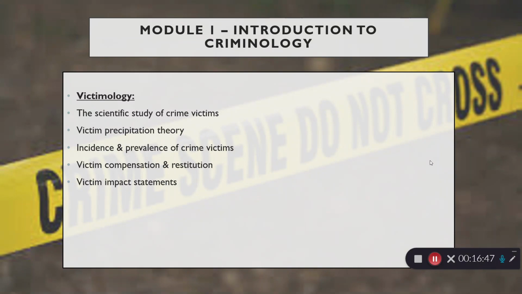Also, incidence and prevalence of crime victims: why is this person repeatedly victimized, or why are people in this demographic repeatedly victimized? What's the relationship between individuals who commit crime and individuals who are victims of crime? Also, victimologists look at victim compensation and restitution, and then, of course, the impact of victim impact statements on punishment.